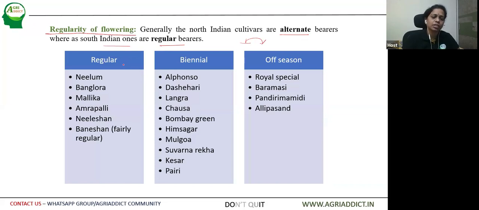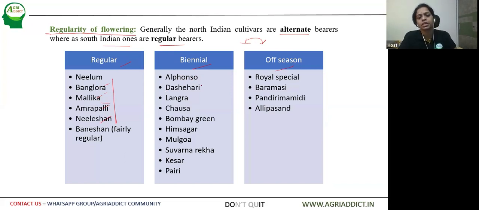Under this category, we have regular bearing, biennial bearing, and off-season bearing. Here, the varieties are listed. Regular bearers, like most of the South Indian cultivars such as Neelam, Baneshan, Neeleshwar, Amrapali, Mallika, and so on, and hybrids are also categorized in this category.